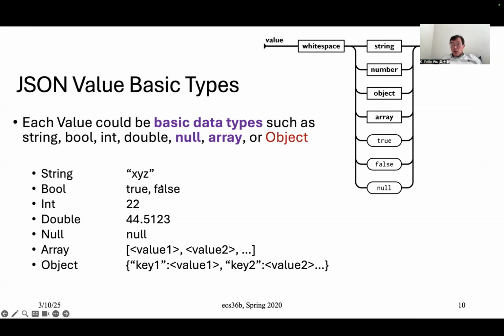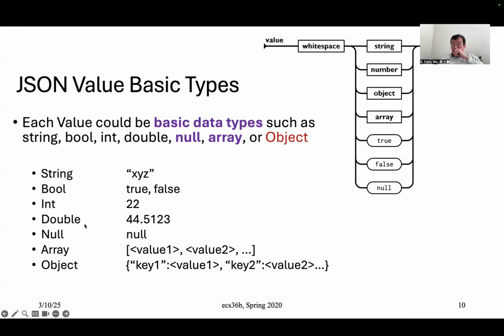The value could be a string, as we see, and it could be a Boolean, meaning that it could be true or false. So you could write a JSON saying that the key is married, and then after the colon, you could put true, you're married, or false, you're not married. And then the value could be an integer.